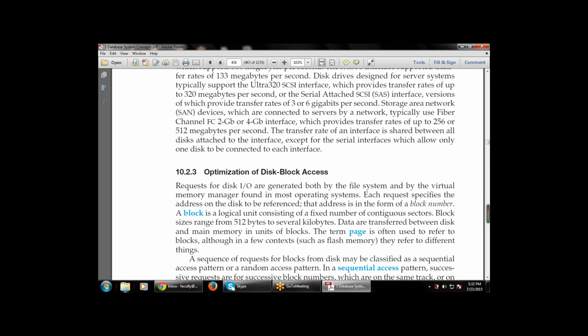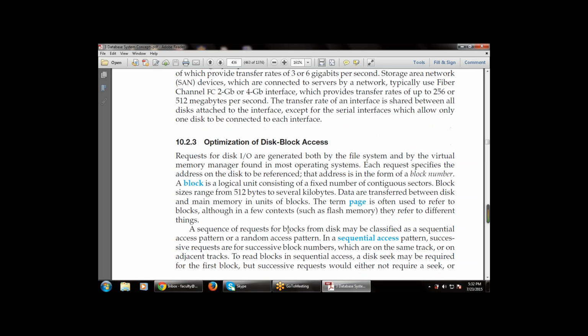Next is the optimization of the disk block access, that is how to optimize the disk block access.